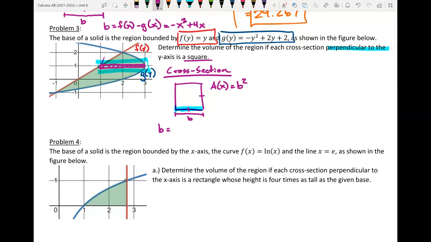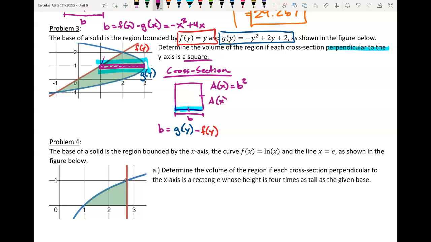Well, since we are in terms of y, instead of going top minus bottom, I need to go right minus left. So that's going to be my g of y minus my f of y. So let's go ahead and put that in.